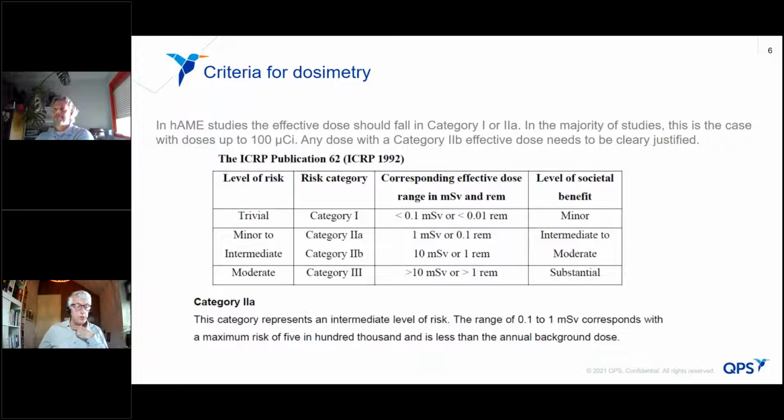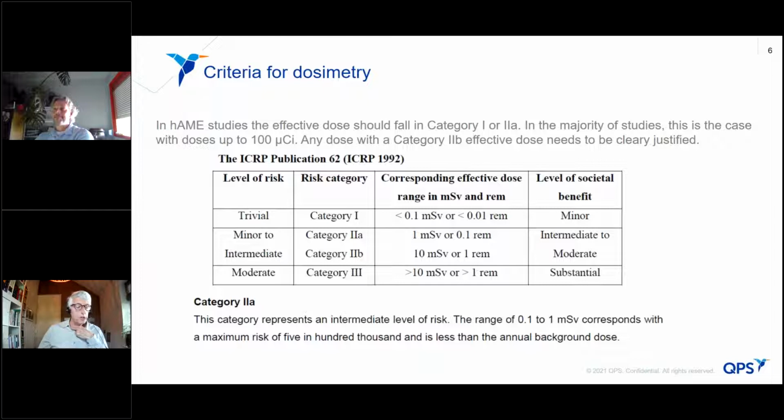It is generally accepted to dose radioactivity up to radiation burden levels below 1 millisievert or 0.1 rem, which is less than the normal annual background dose we get. Higher doses can be considered, but certainly need a better justification.